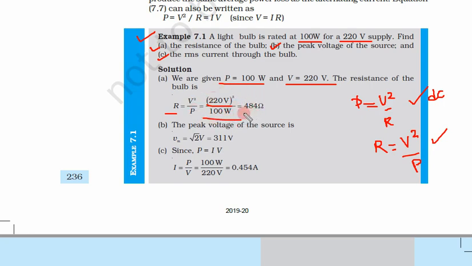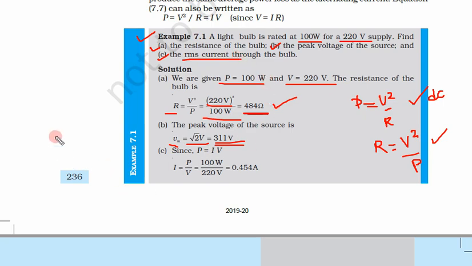When we calculate we get 484 ohm. So the resistance of the bulb is 484 ohm. Now second part, we have to calculate the peak voltage. How do we calculate it? Maximum voltage is root 2 times this RMS voltage, and that we have already calculated, that is around 311 or 310 volts. Now we have to calculate the RMS current.